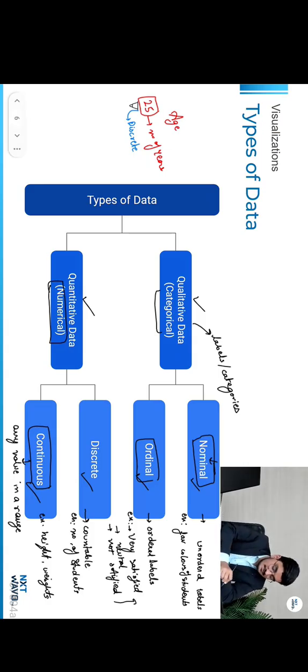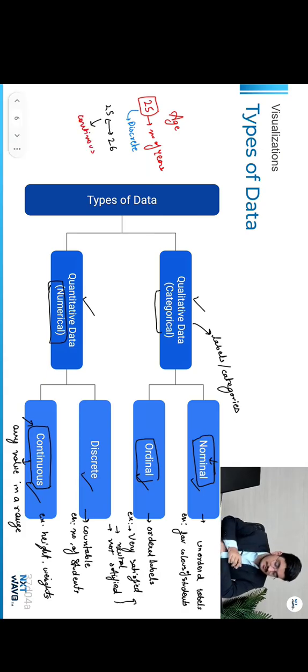In this case, my age will be somewhere in between 25 and 26, but not exactly 26 or 25, right? Hence, in this case, I can say my data can take any value within 25 and 26, which will represent continuous data.